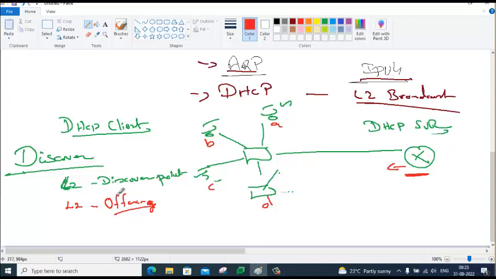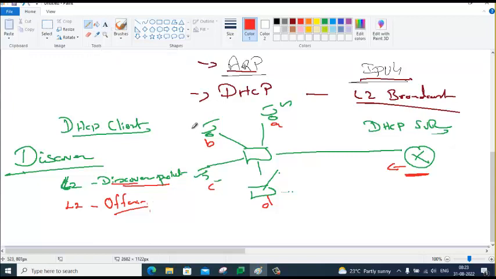What are you asking for? Is anyone a DHCP server? That is what the discover packet is. Is anyone here a DHCP server? For that, a response comes saying, here I am. That's the offer. So the offer packet is not bringing an IP address. It is just bringing the IP address information, the MAC address information, the whereabouts of the DHCP server.